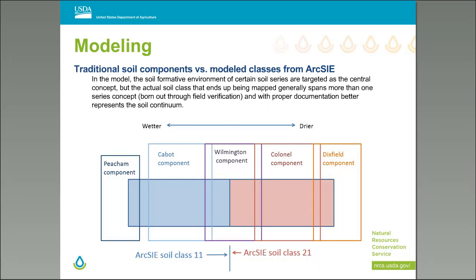It's on the dry end of the wet class, and then it's on the wet end of the middle class drainage-wise, and it just occurs on too many different landscape positions for us to make it its own class. But we recognize that it's out there, it's in the documentation, and the points that include Wilmington data are also used, as you'll see later, in our data population for information about each of these soil classes.